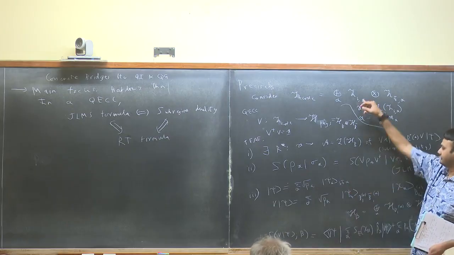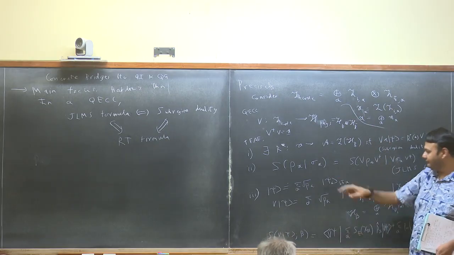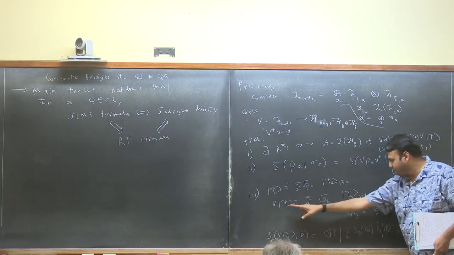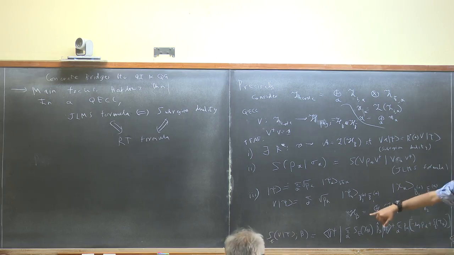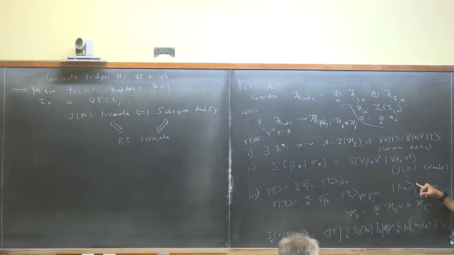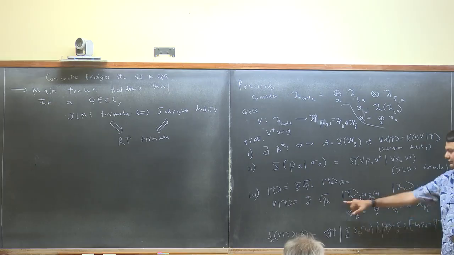This is just that rewritten. The non-trivial statement is that V psi looks like this. Not every state looks like this. It could have been that the new state could have depended on psi alpha or p alpha in some non-trivial way.